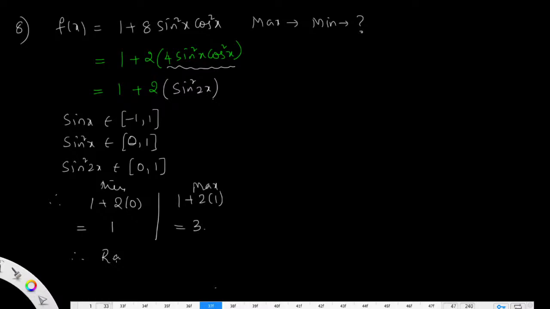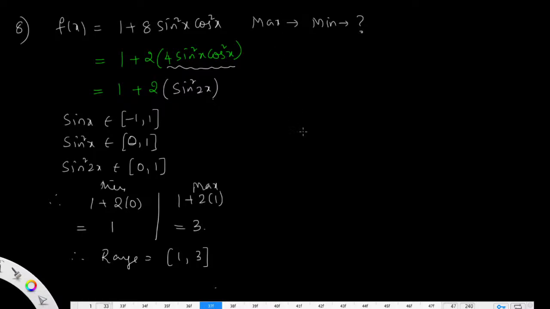Therefore, the range is 1, 3, a closed interval.